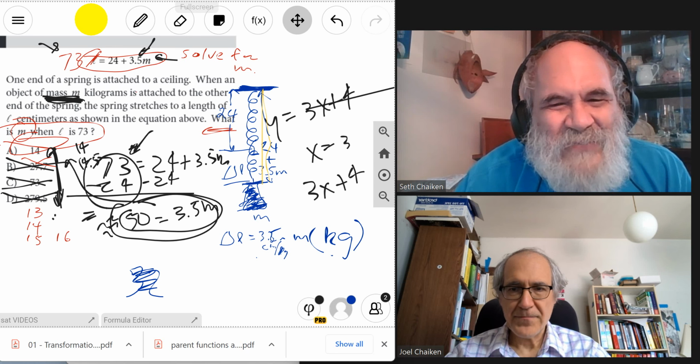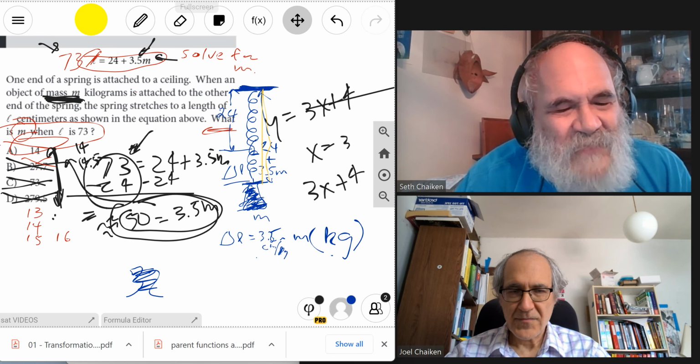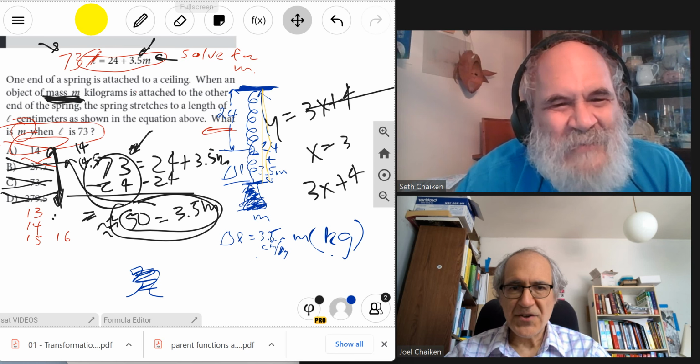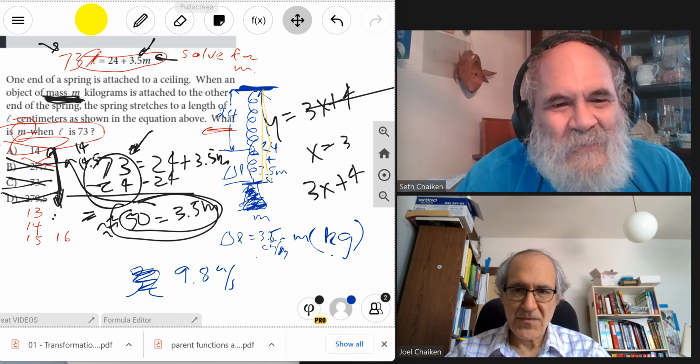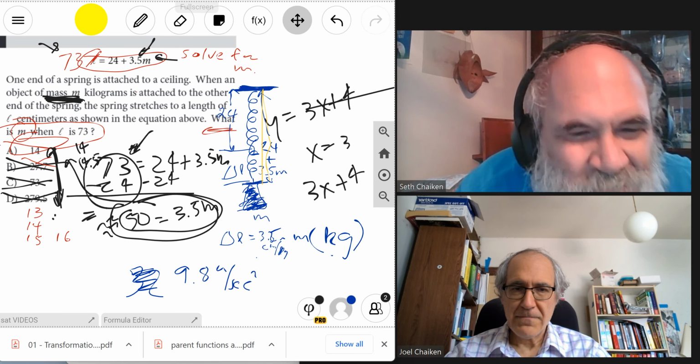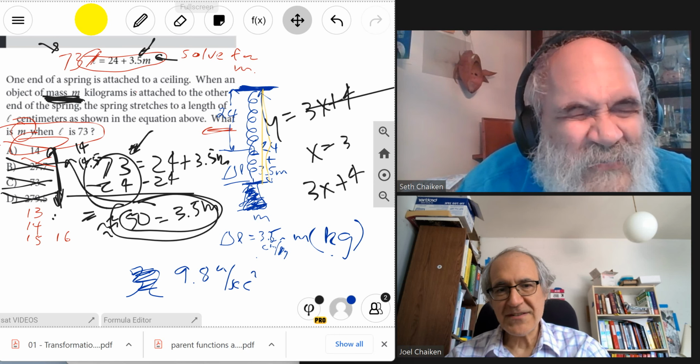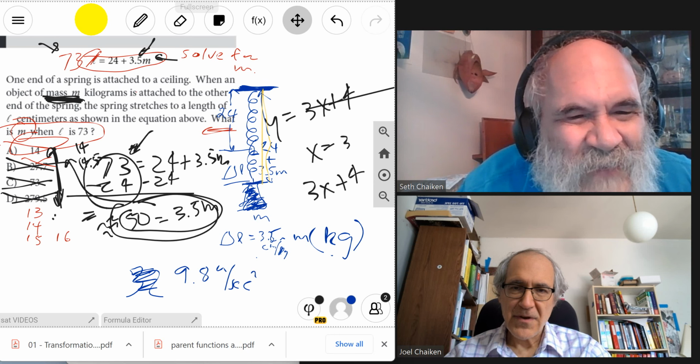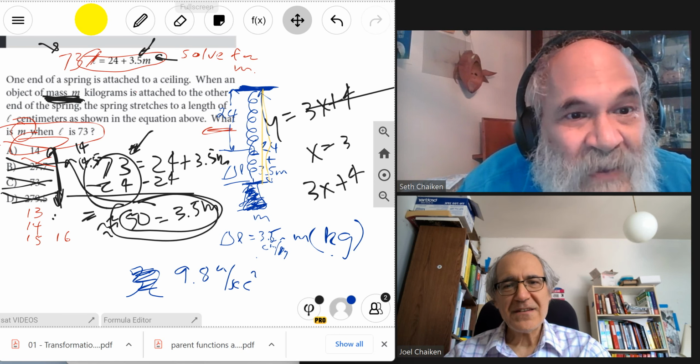That is the acceleration of gravity, 9.8 meters per second squared. So you multiply this by mass in kilograms, and we get the force in newtons.